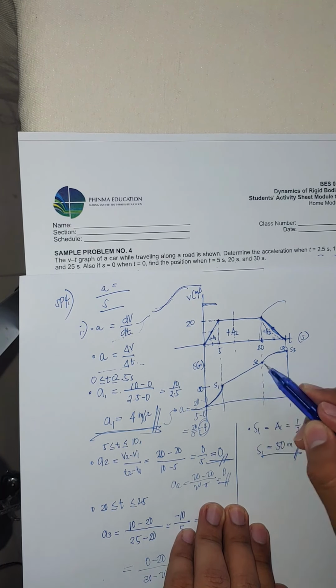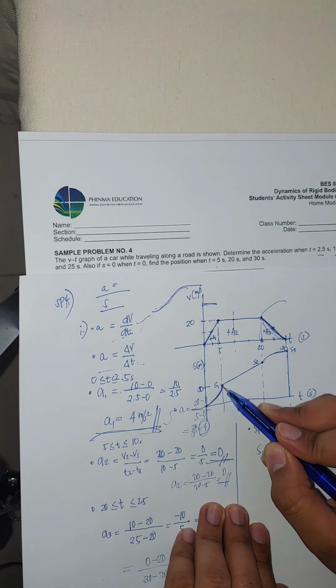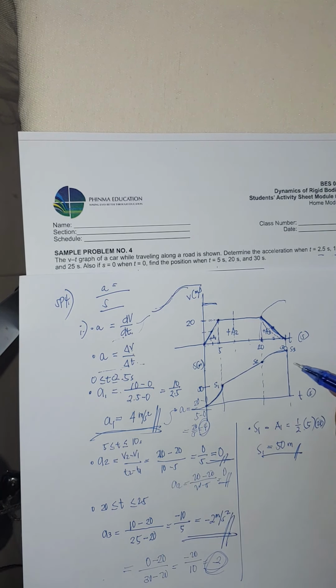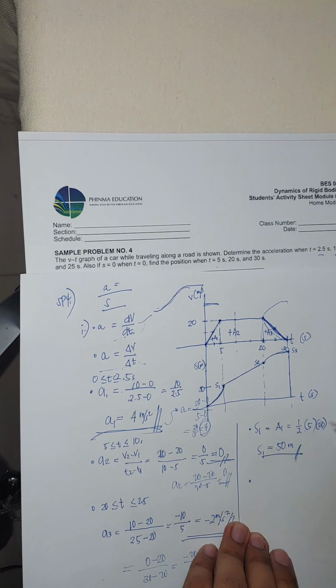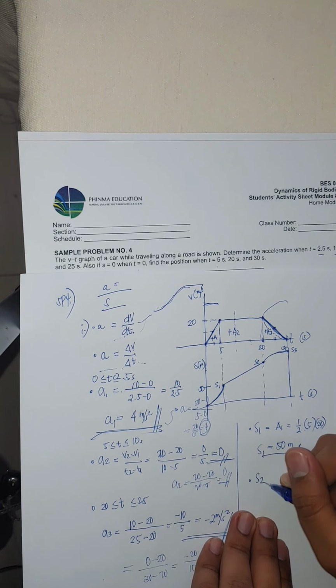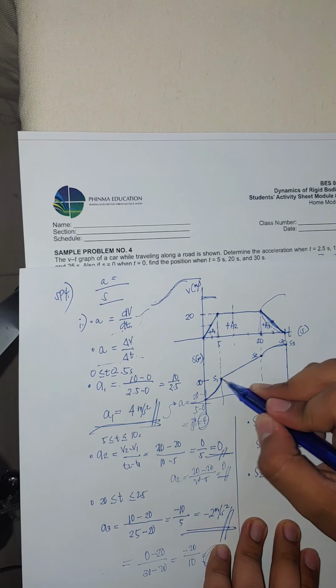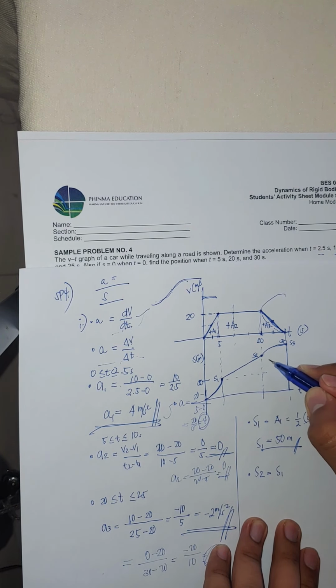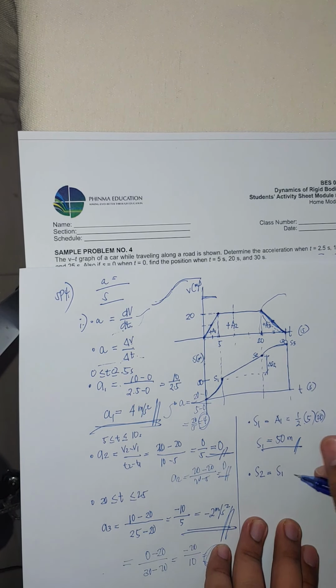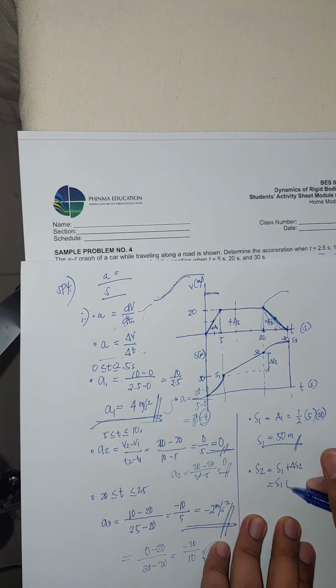How about this point? So S2 is equal to S1, this one, plus this height. We call this delta S2. Delta S2 is just the area of this, area 2.